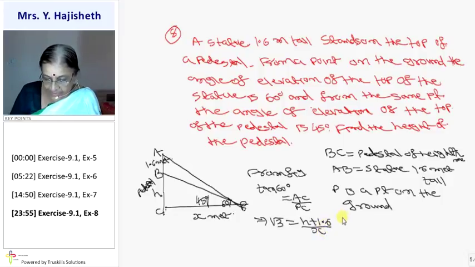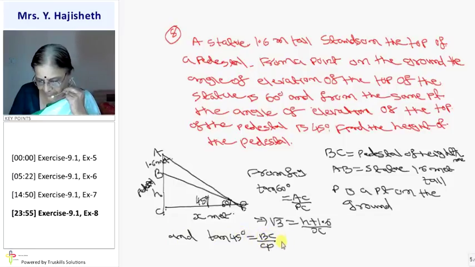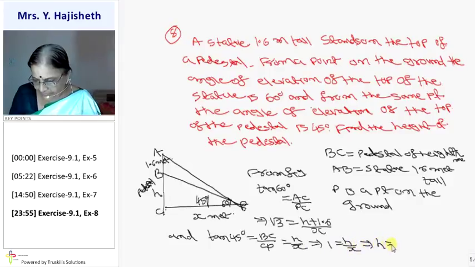Keep it as it is. Now I take tan 45, so it is BC upon CP, that will be h by x. But tan 45 is 1, so h and x are the same. The same came in the previous sum.